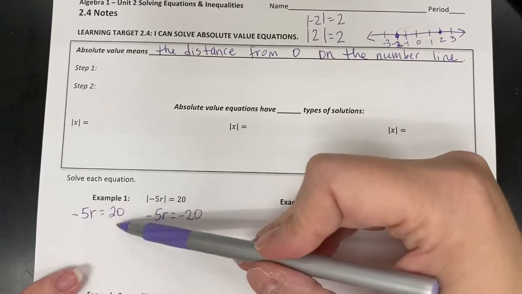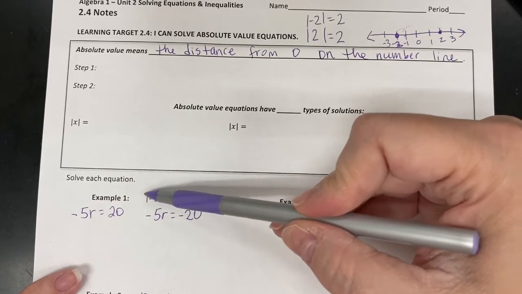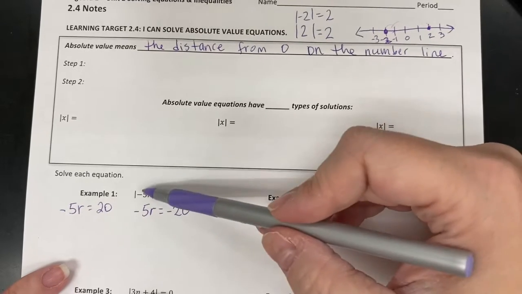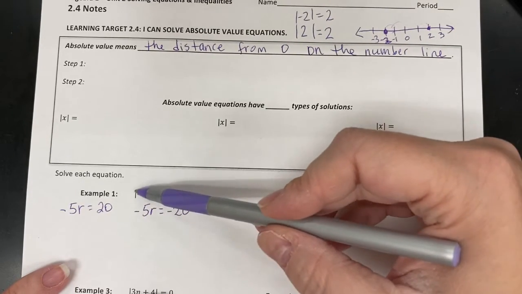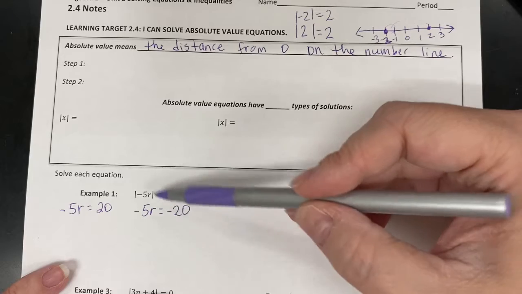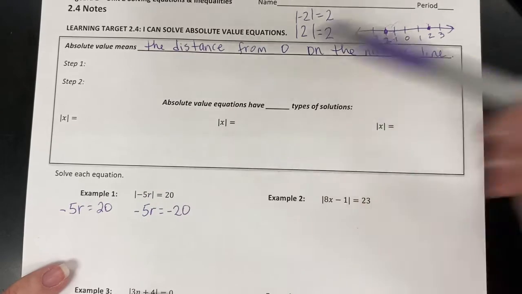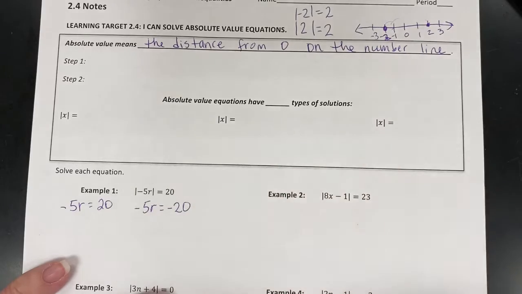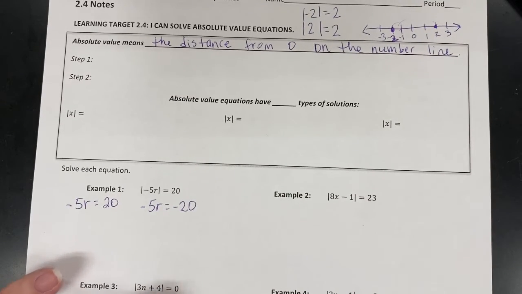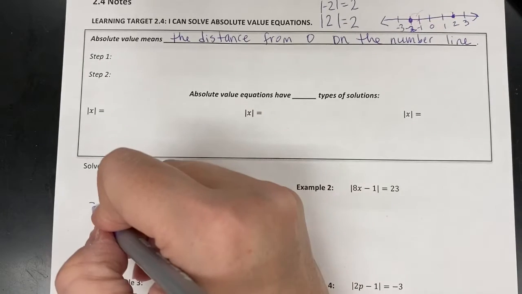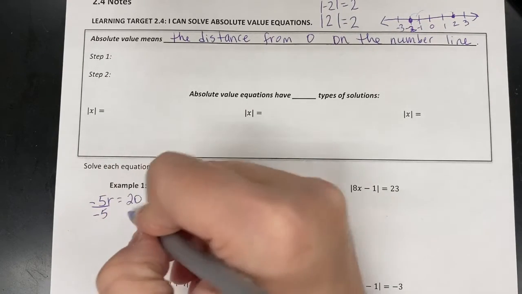Either it's 20, and when you take the absolute value of it, you get 20. Or maybe it's -20, and when you take the absolute value of it, you get +20. So both of those are possibilities. Now we just have 2 little equations that we can solve separately.